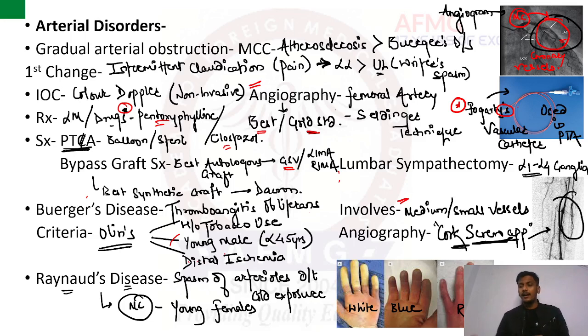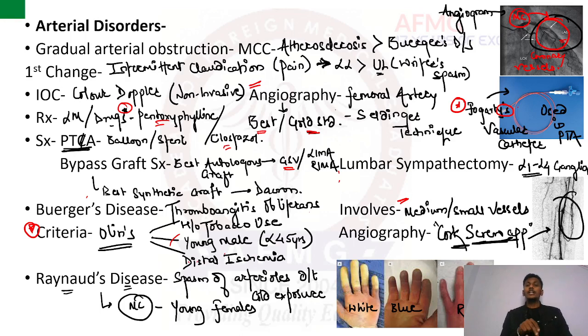Then the criteria for Buerger's disease is known as the Olin's criteria. According to Olin's criteria, these three things are important. There are other things too, but these three are important. First, there should be a history of tobacco use. That means the patient should be either using tobacco or be a smoker. Second, the person should be a young male, because Buerger's disease is commonly seen in young males less than 45 years of age.